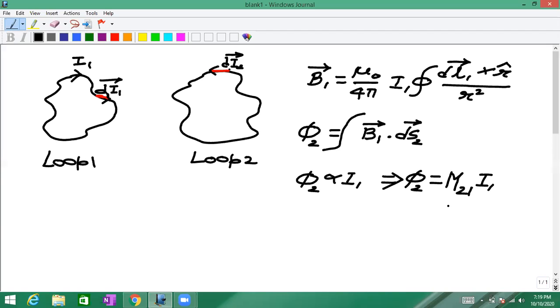Now, what is the name of this M21? Do you know what its name is? Mutual induction. Right. M21 is mutual inductance, at 2 due to 1.